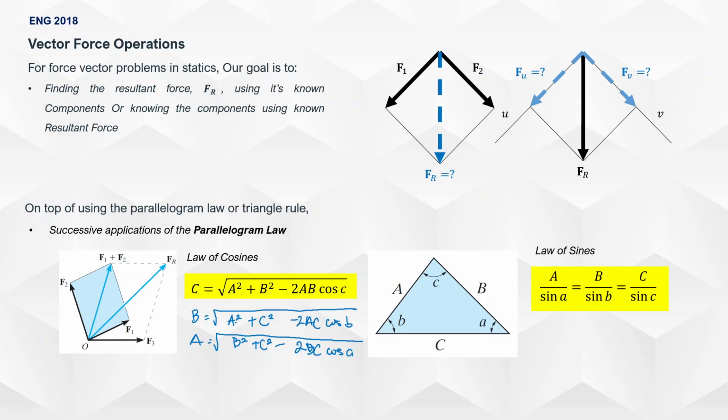If you're still curious how the law of cosines and the law of sines were derived, you can quickly Google search how to derive the law of cosines and sines, and you will be shown a lot of results using the basic Pythagorean theorem and trigonometric ratios to get those equations. Okay?